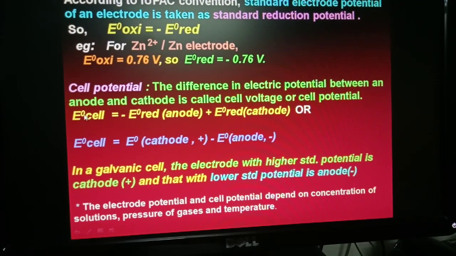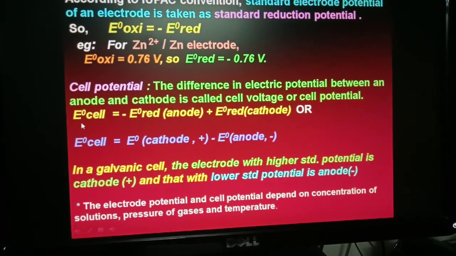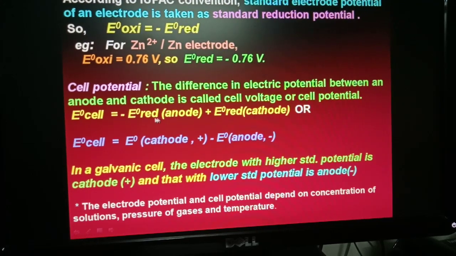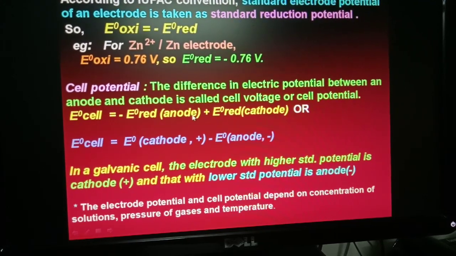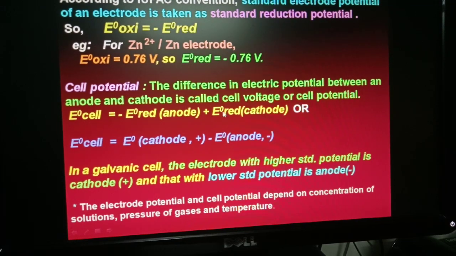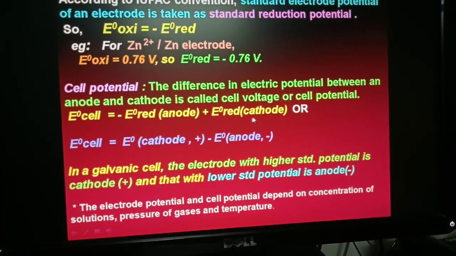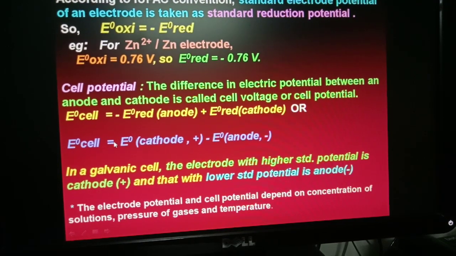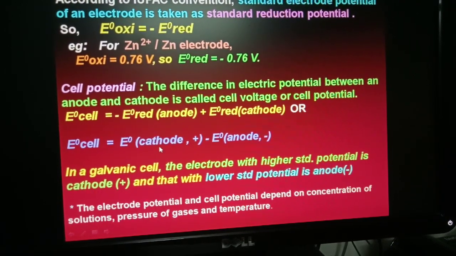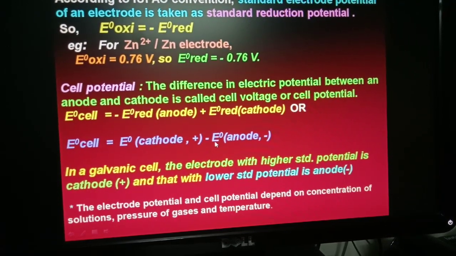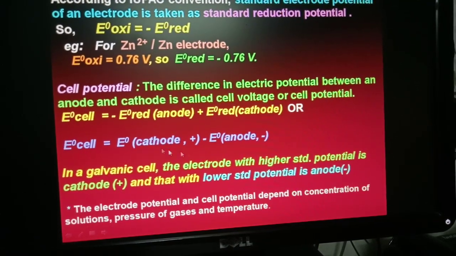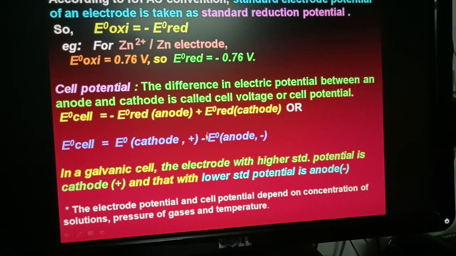Mathematically, we can represent it as E0 cell is equal to minus E0 reduction taking place at anode plus E0 reduction taking place at cathode, or E0 cell is equal to E0 cathode minus E0 anode. Both the formulae should be known to you. Numericals are based on these formulas.